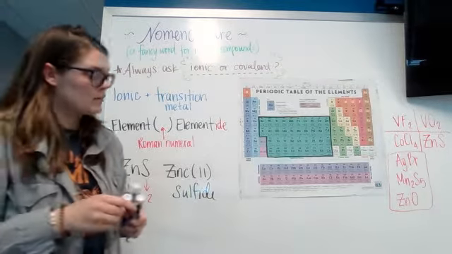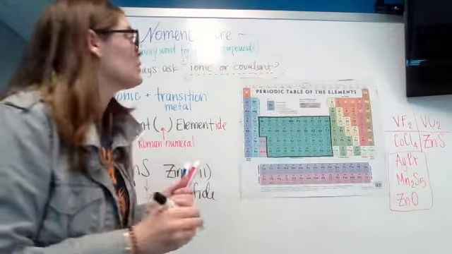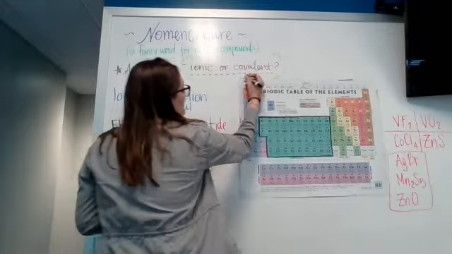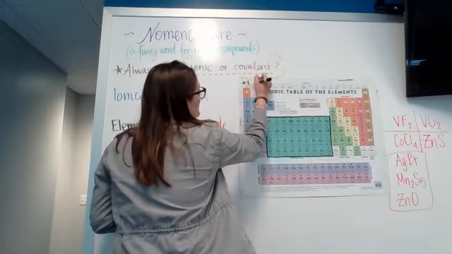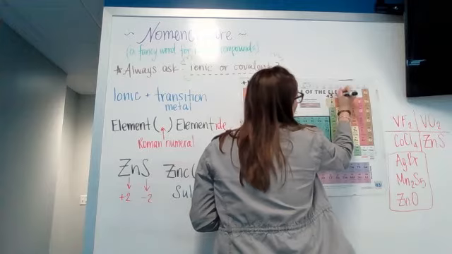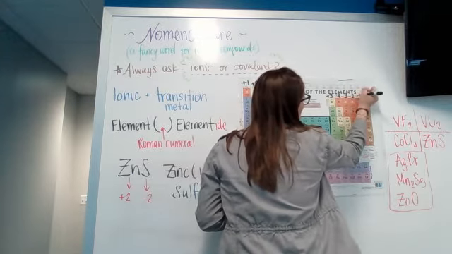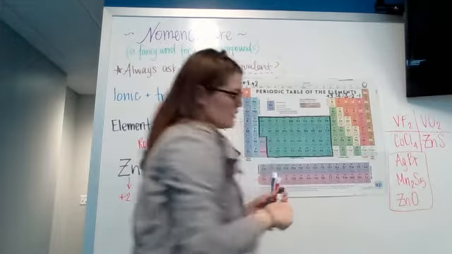If you need a quick recap on how to know what the charges of everything are, they are going to be above the columns. So +1, +2, +3, ±4, -3, -2, -1, 0. Okay, let me bring you a little bit closer so that's easier for you to see.